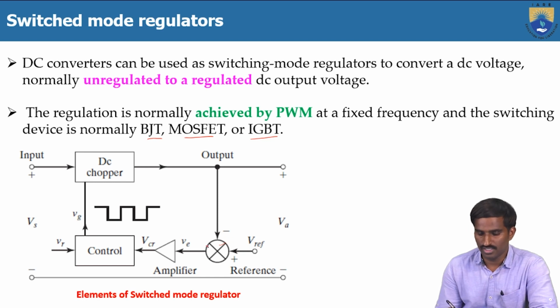We can get different functions here by using this. Then here, as you can see, this is the input that we are giving, and this is the output that we are getting.